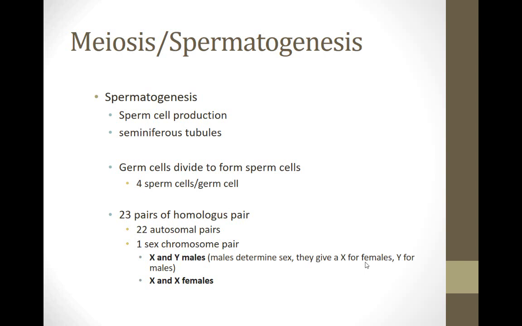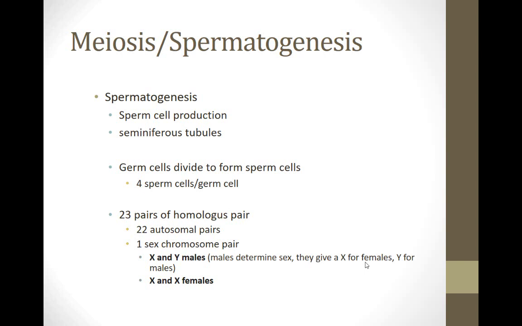Okay. Now the sex cells all have 23 pairs of chromosomes. 22 of them are autosomal pairs, which are your body traits, and then one of them is your sex cell.